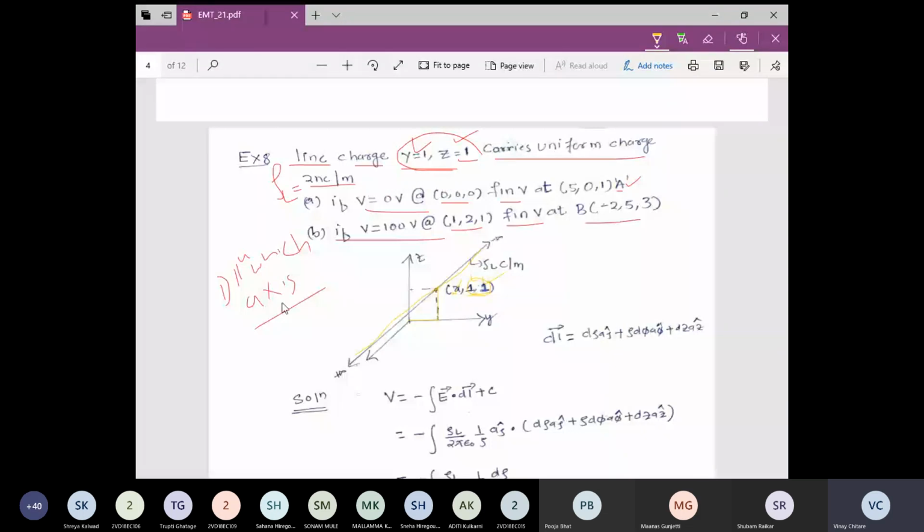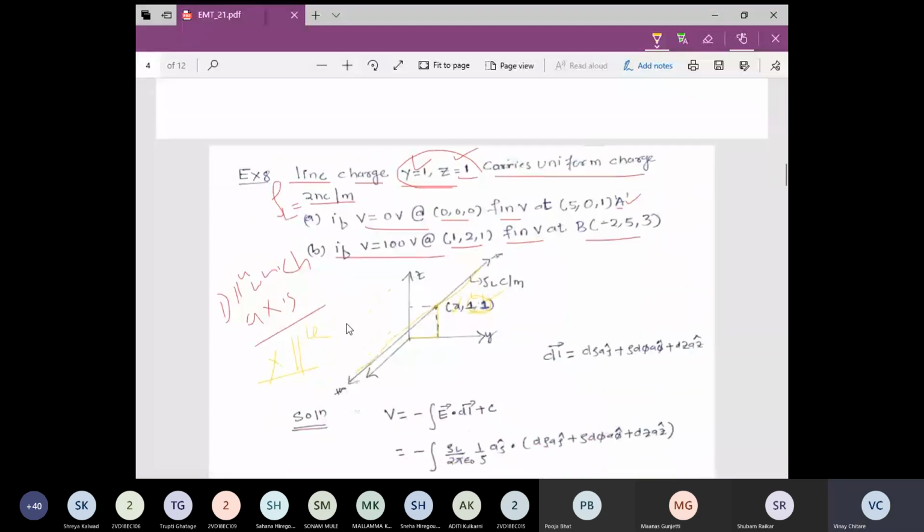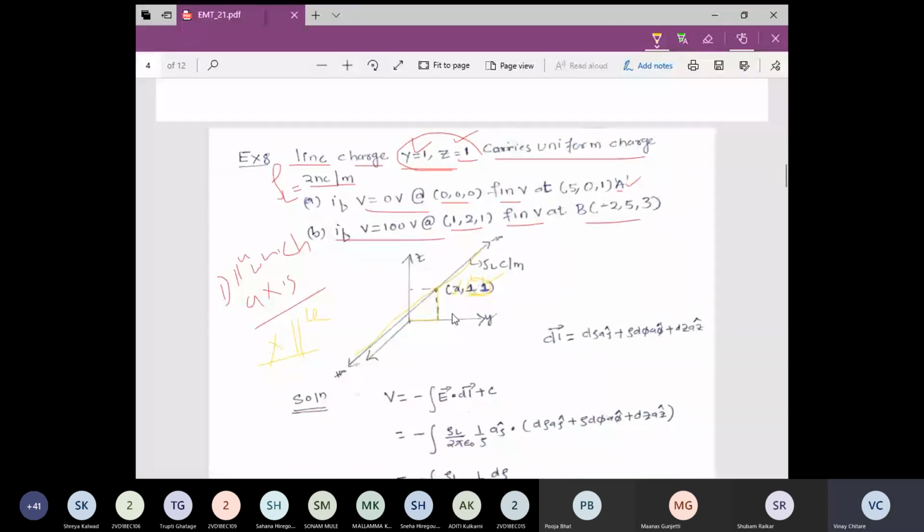If x is missing, it means the line is parallel to the x-axis. And if it is parallel to the x-axis, the remaining y and z will be constant, and the only variable will be x. This information is really useful to find a perpendicular distance.